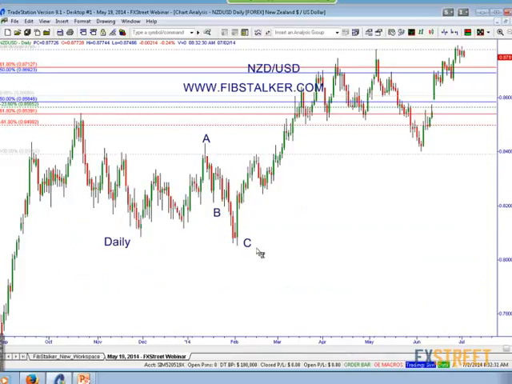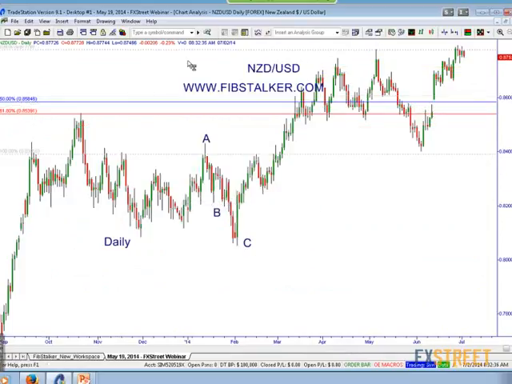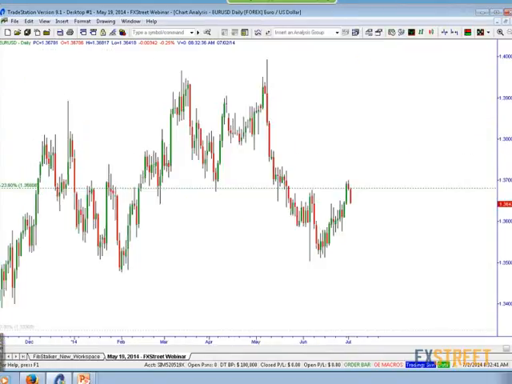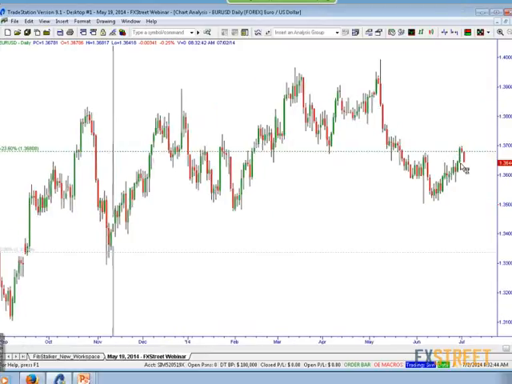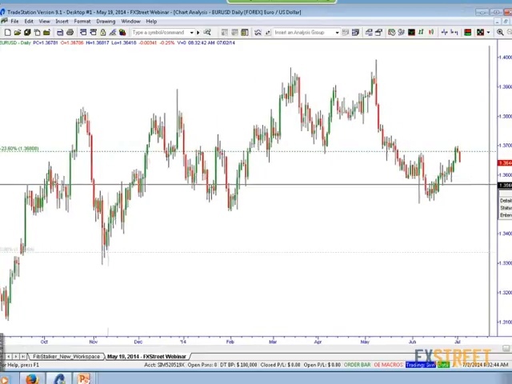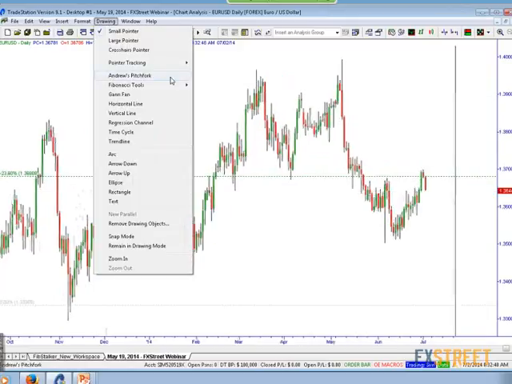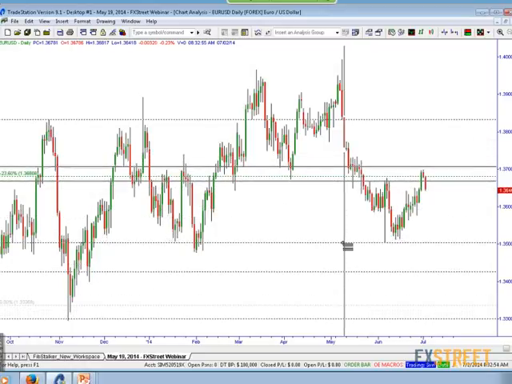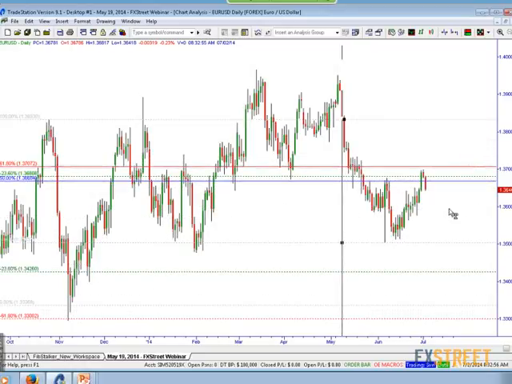Before I get into the New Zealand dollar versus US dollar, which is the chart I want to focus on, let's go back just briefly to the euro daily. Of course, the euro today is following the signal I gave in my weekly newsletter.